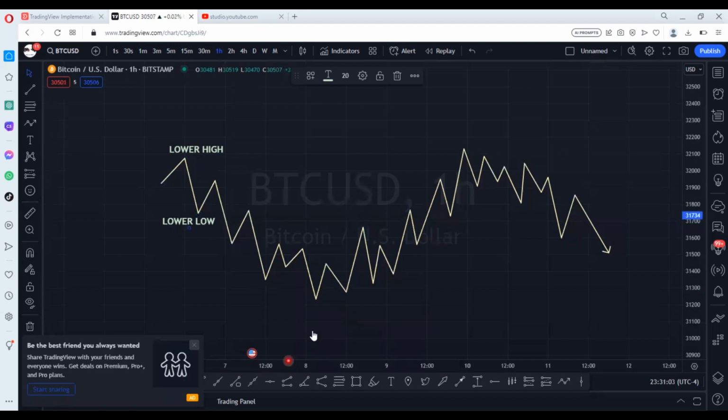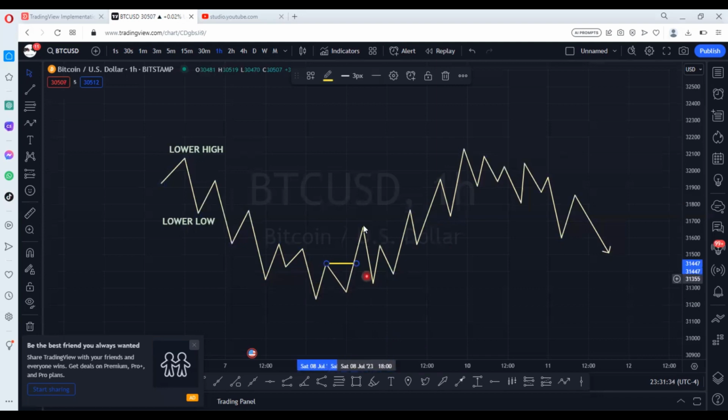So how would you know when the market has turned from lower high, lower low to the bullish movement, to the highs and lows in bullish movement? Is when you see a change of character, a break of structure. Number one, you must see a break of structure. Number two, you must wait for the retest of the previous low, the low it breaks from.